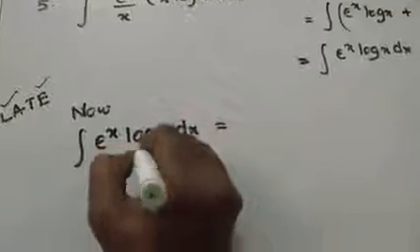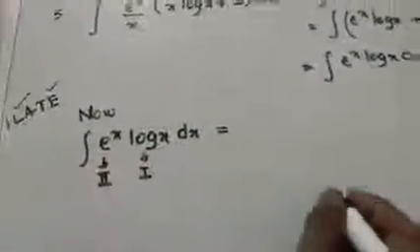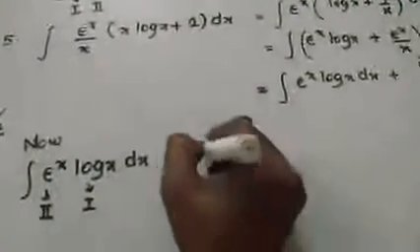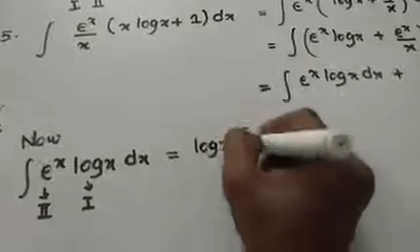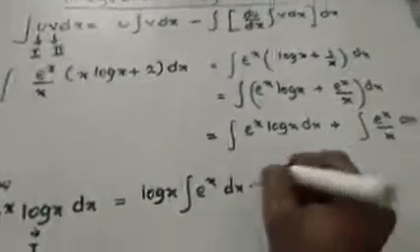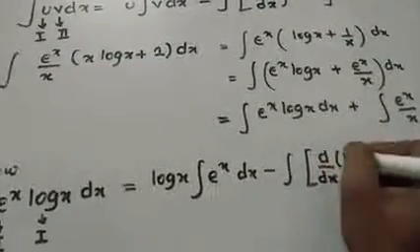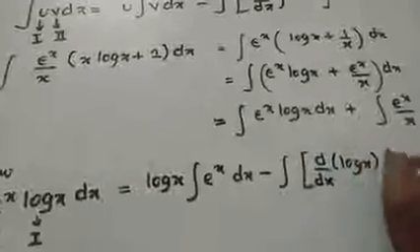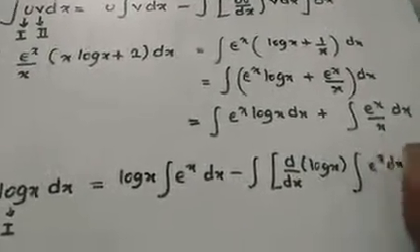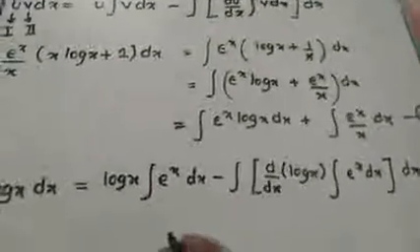That means log x is our first function, e to the power x is our second function. So by using the rule, first function into integration of second function minus integration of derivative of first function into integration of second function into dx.